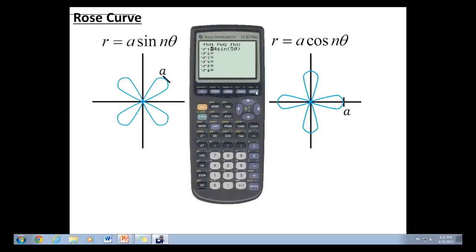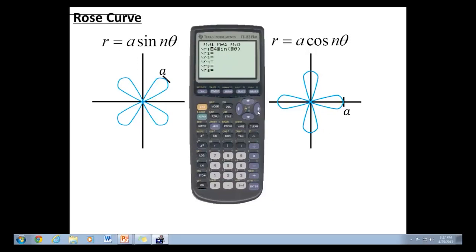Let's change it to 5. Alright, so at n equals 5, I have exactly 5 petals. So hopefully at this point you've started to notice the pattern. If I have an odd number for the n value, say, how about 9, let's jump all the way to 9, I can predict how many petals it's going to have, because if it's an odd number, I have exactly 9 petals. 1, 2, 3, 4, 5, 6, 7, 8, 9.